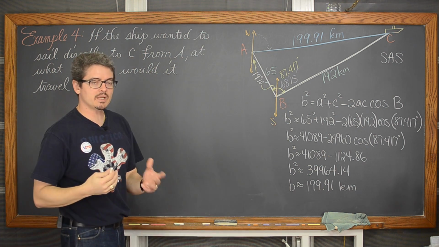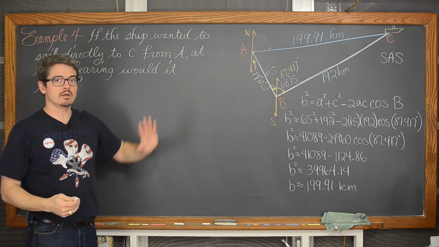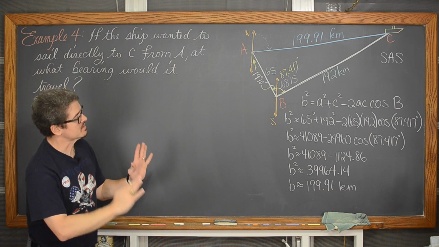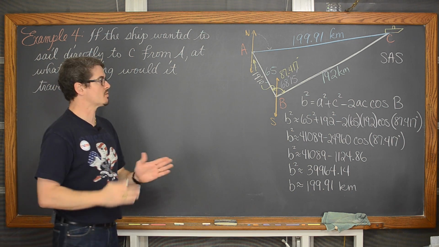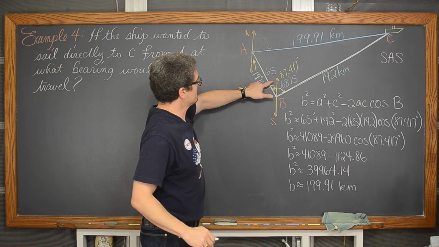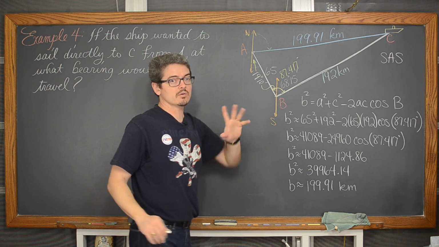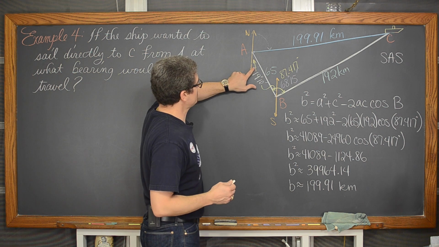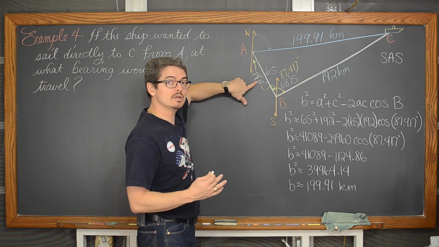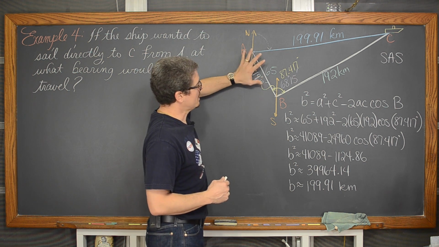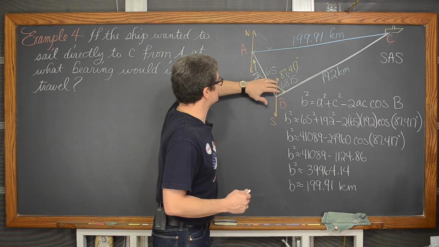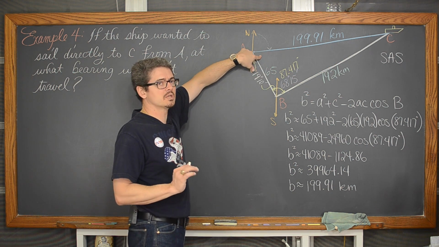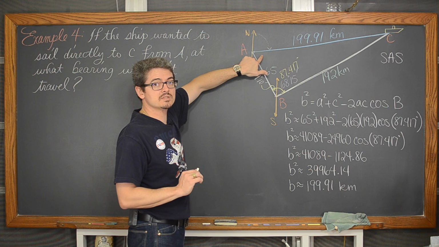Remembering again that these north-south lines, yes, it's all about the triangle, but we need to use those north-south lines like I did here as an example with those alternate interior angles. They are part of the diagram. And I've got an angle here which is 19 degrees and 10 minutes. And I have a lot of information about this triangle, so I'm sure it's not going to be very difficult to find the measure of this angle.